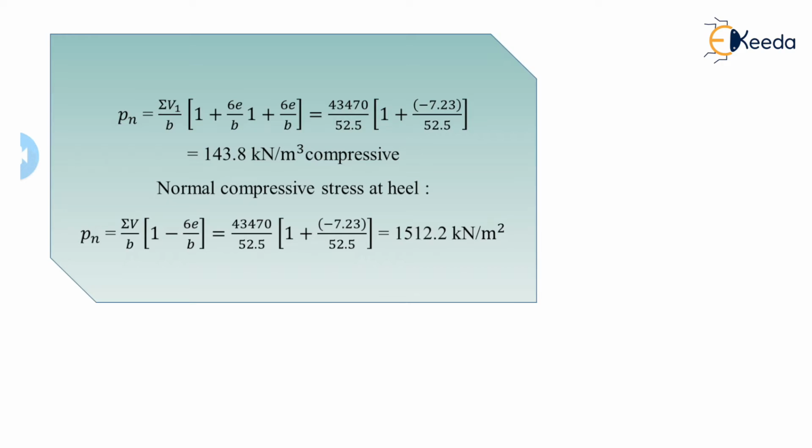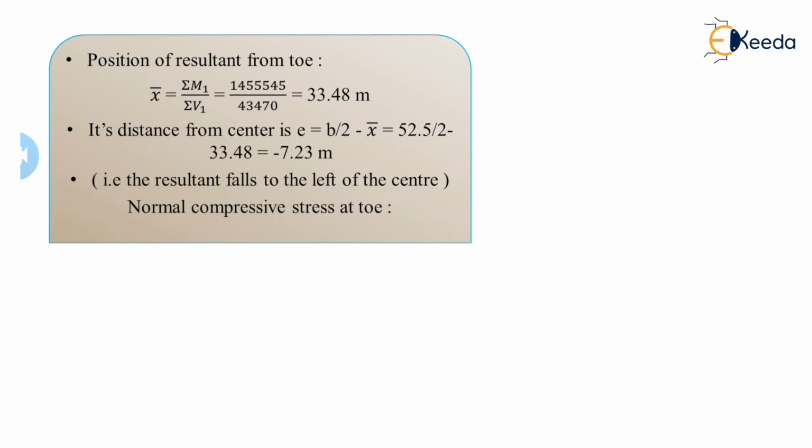After calculating all these forces, finally we have to find out the position of the resultant force. We will find out the forces acting on the body, but at what position the resultant force will act from the toe section, that we have to find out.